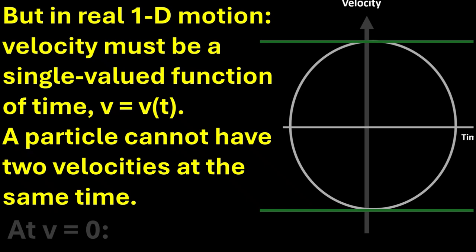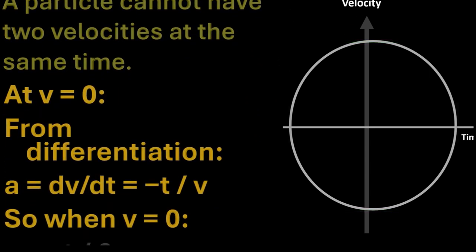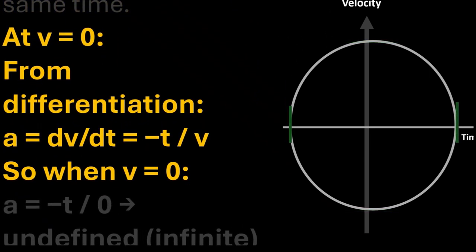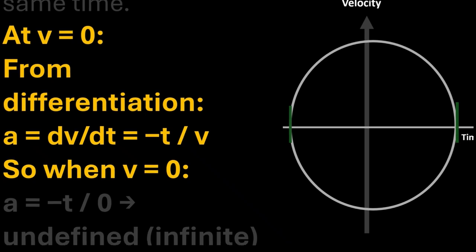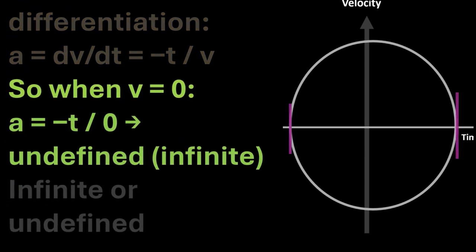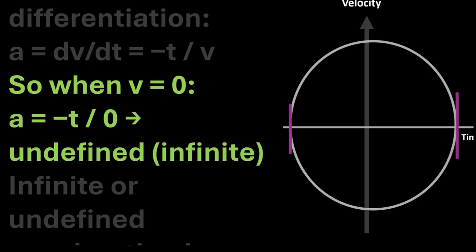Now, the other thing that we need to think about is at v is equal to 0, which is when the graph meets the x-axis. From differentiation, a is equal to dv by dt, a is equal to minus t by v, and therefore when v is equal to 0, a is equal to minus t by 0, and anything by 0 is infinity, or undefined.